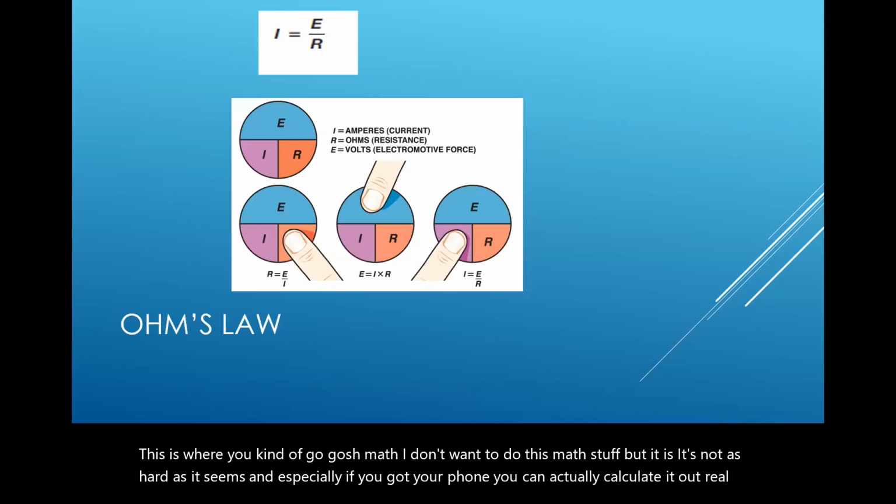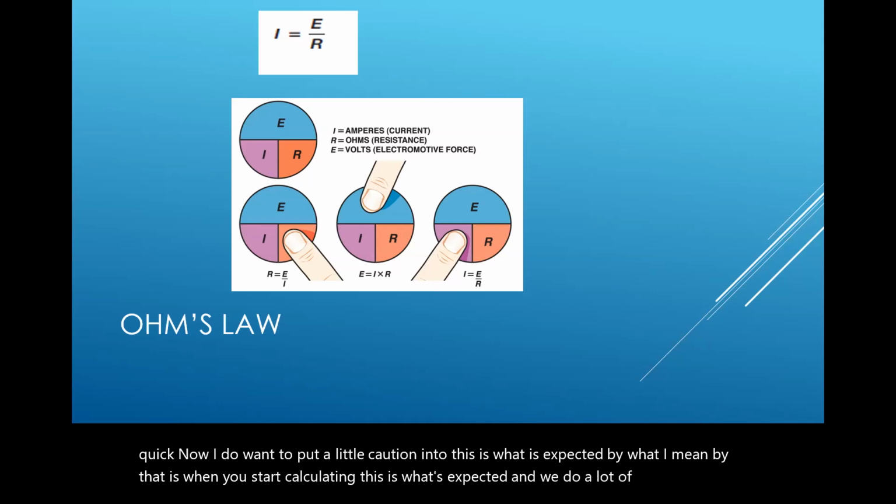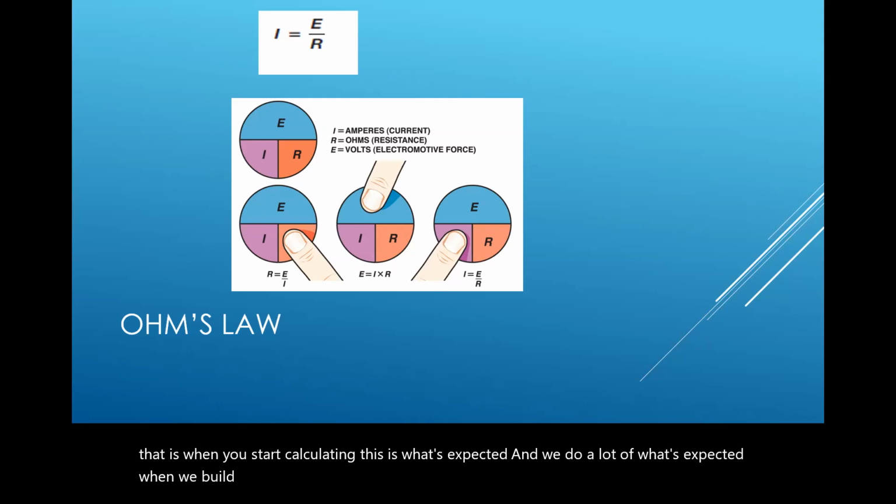Now, I do want to put a little caution into this. This is what is expected. What I mean by that is when you start calculating it, this is what's expected. And we do a lot of what's expected when we build up some of our different measurements.